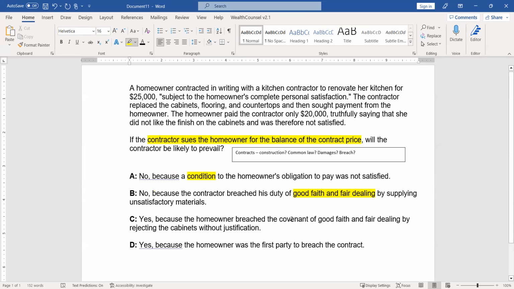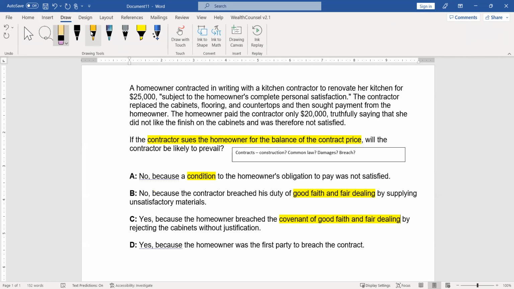Yes, because the homeowner breached the covenant of good faith and fair dealing by rejecting the contractor's work. It's dealing with good faith and fair dealing. The important difference between the two is that in one the contractor is the bad person, and in the other the homeowner is the bad person. So we'll have to see which one, but you can see that these two are similar. Yes, because the homeowner was the first party to breach the contract.